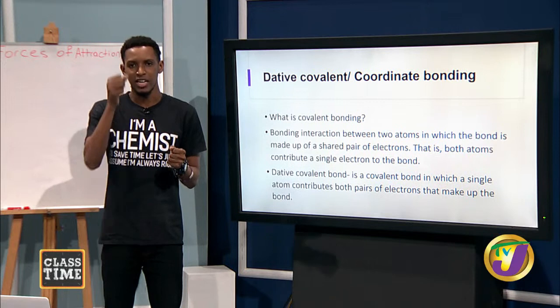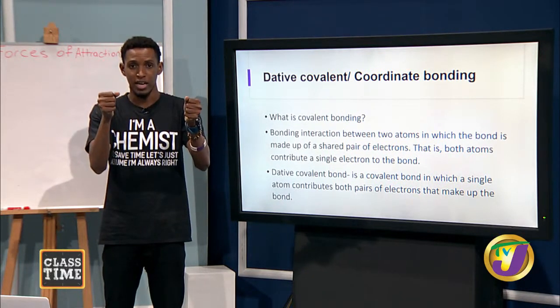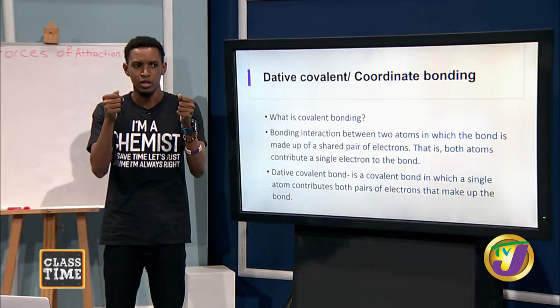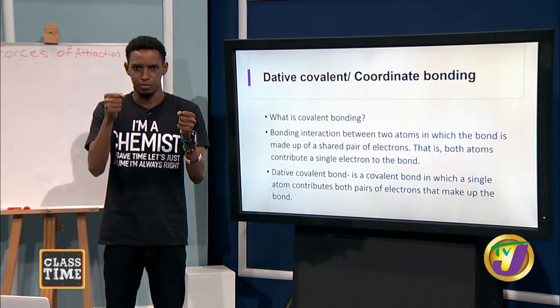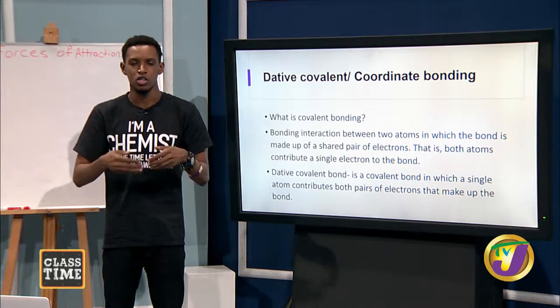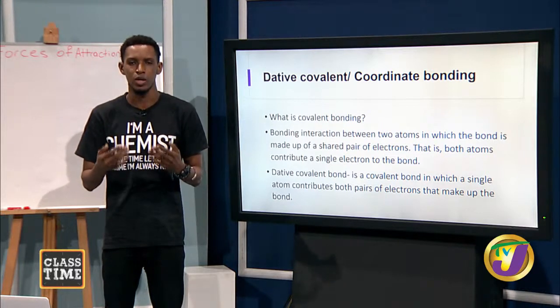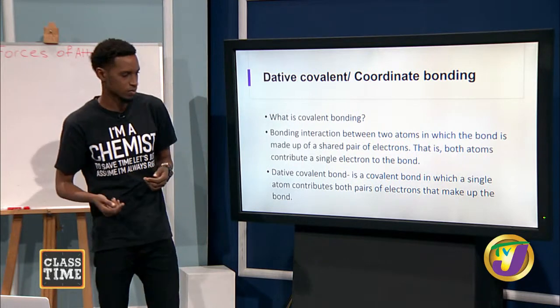That means if you have atom A and atom B forming a covalent bond, in a dative covalent bond the two electrons that make up that bond are coming from atom A, and atom B contributes no electrons to that bond. A bond like that is what we call a dative covalent bond. And I'll show you guys some examples.